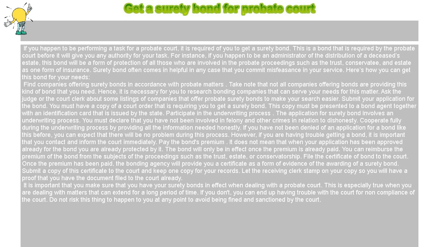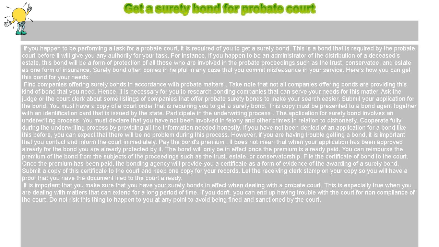Participate in the underwriting process. The application for surety bond involves an underwriting process. You must declare that you have not been involved in felony and other crimes in relation to dishonesty. Cooperate fully during the underwriting process by providing all the information needed honestly.